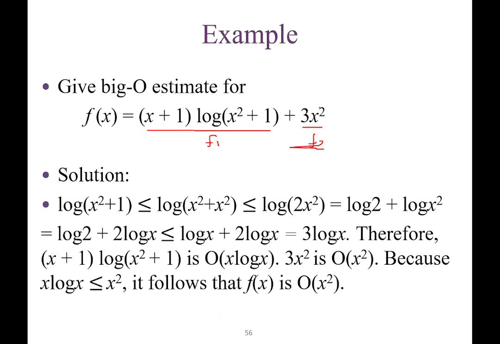Which one grows faster than the other? For f1, we can simply consider (x plus 1) times log(x squared plus 1). In x plus 1, the 1 is a constant, right? The constant is usually slower than x, so we can ignore the 1 directly. So we have x times log(x squared plus 1).